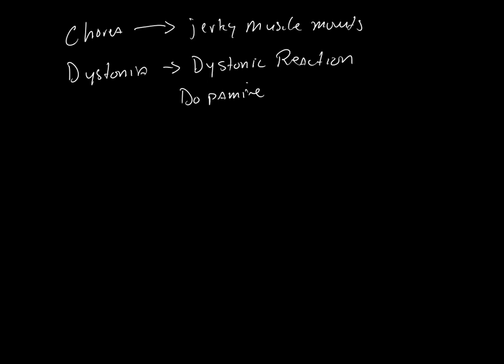Not peripheral, that's acetylcholine. And loss of or blockade of dopamine receptors in the movement areas of your brain can lead to or precipitate what's known as a dystonic reaction. And so drugs that block dopamine will increase the risk of this type of problem.